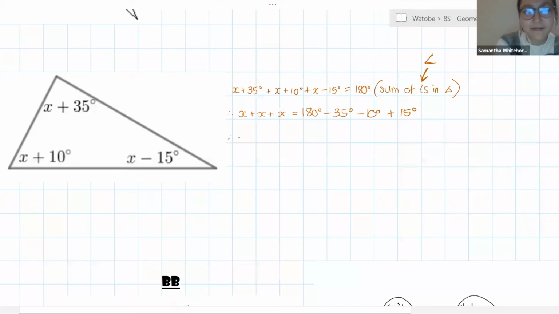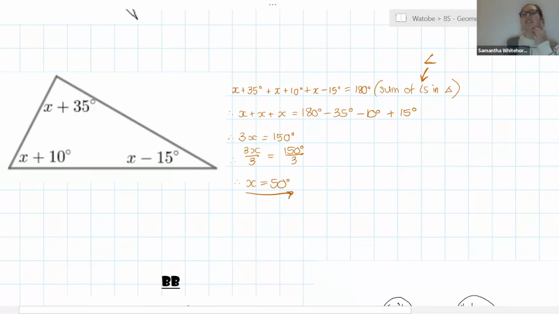Then I came to 3x equal 150 degrees. Good. Then I moved the 3 and divided it, 150 divided by 3. Good. Well done. And what's 150 divided by 3? My answer was 50 degrees. Excellent, Unati. Thank you.